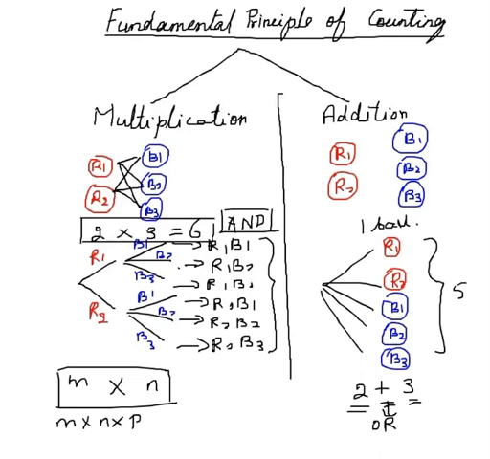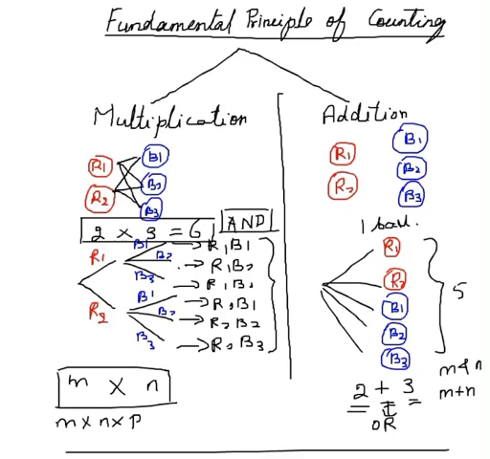Now I can define the fundamental principle of addition: if there are two events that can occur independently in m and n different ways, then either of the two events can occur in m plus n ways. This is the fundamental principle of addition.